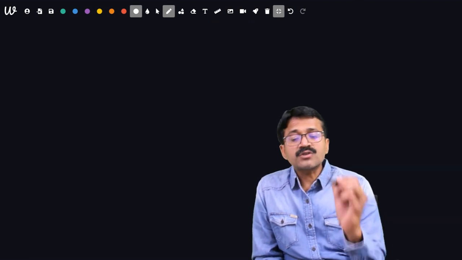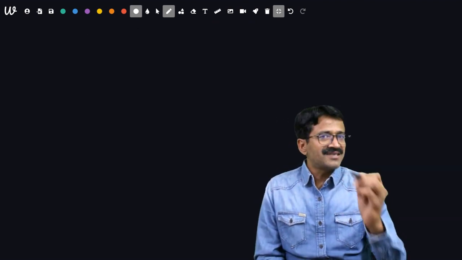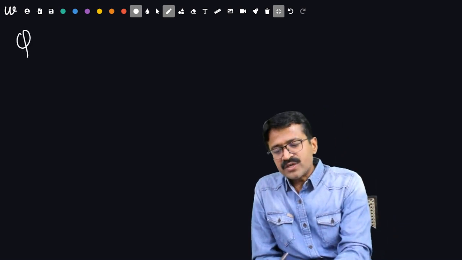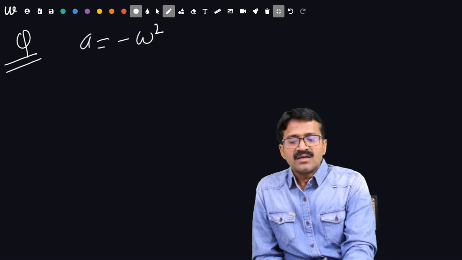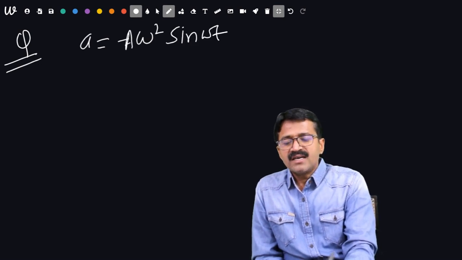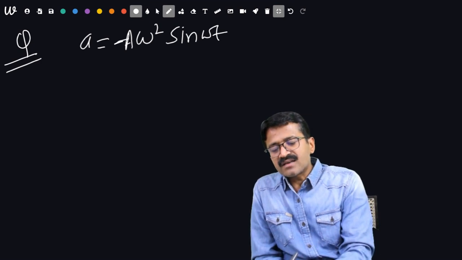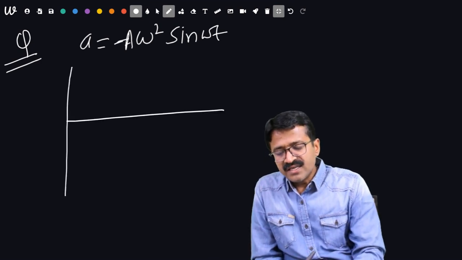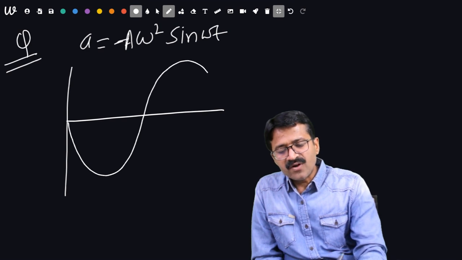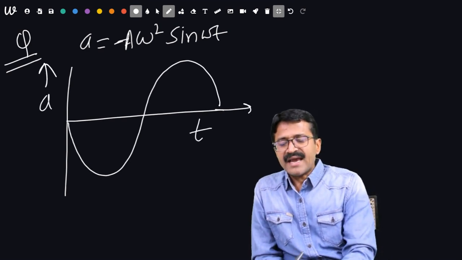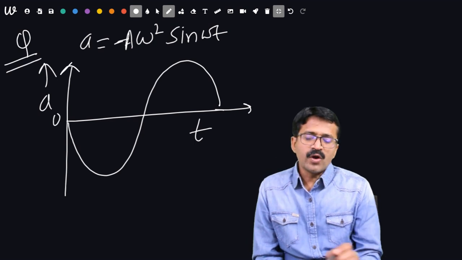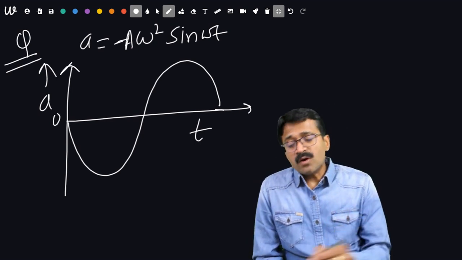Now another question: what about the acceleration time graph? If acceleration is given by minus omega square a sine omega t, with the negative sign there, then the graph will be like this, starting from negative towards positive. This is time, this is acceleration. It is very important. What about another question?